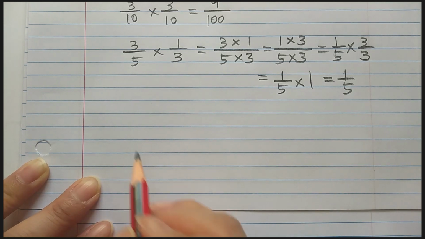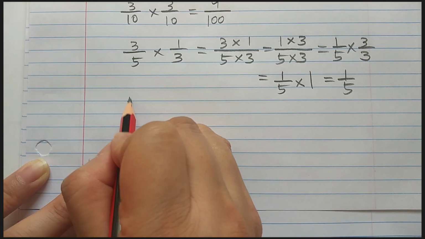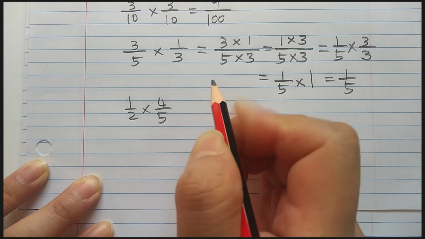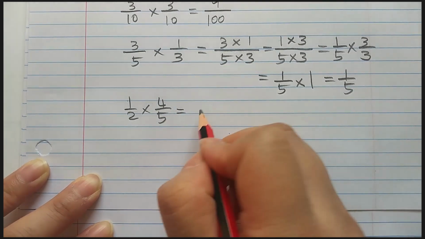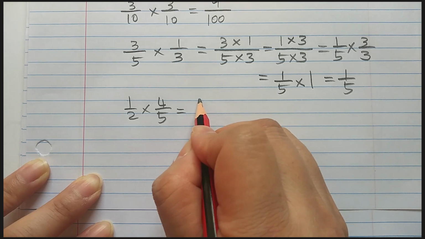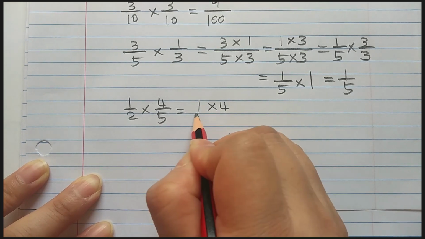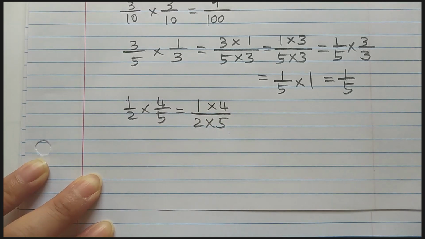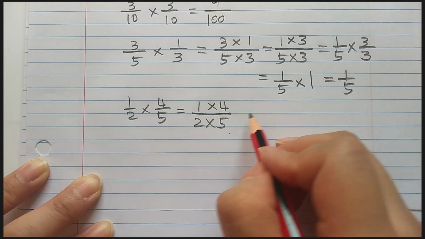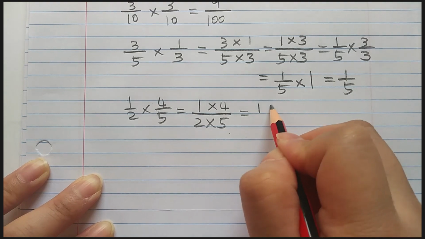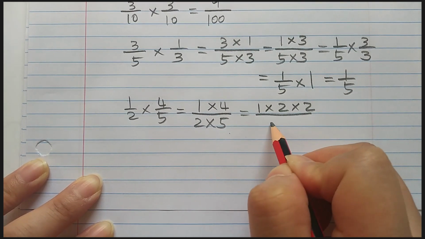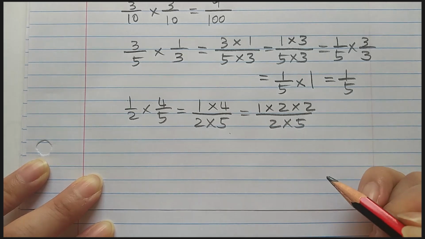Let's try one more. 1/2 times 4/5. This is 1 times 4 over 2 times 5. Instead of 4, let's just do 2 times 2. So 1 times 2 times 2 over 2 times 5.